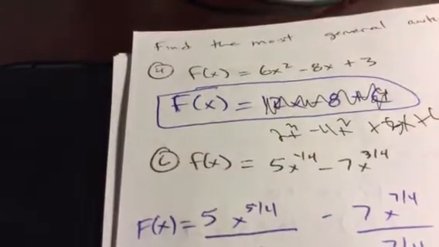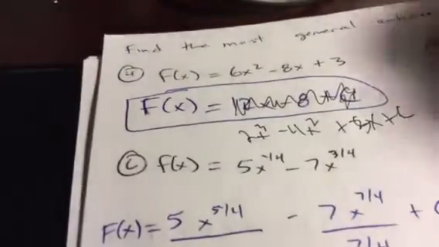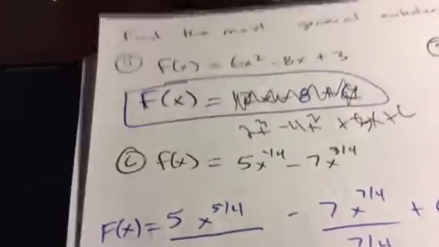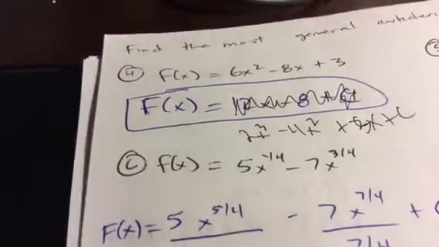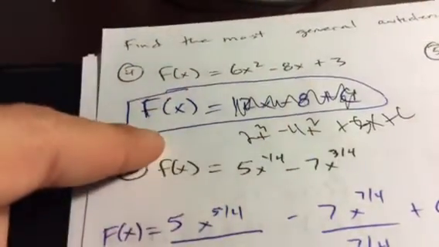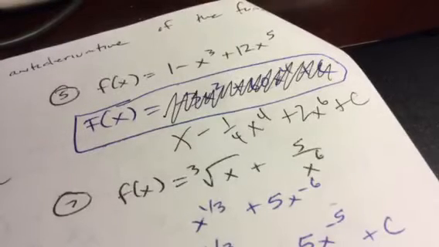Let's try again. Number 5 is going to be just x minus 1/4 x to the 4th plus 2x to the 6th plus c. That's the answer there for number 5.